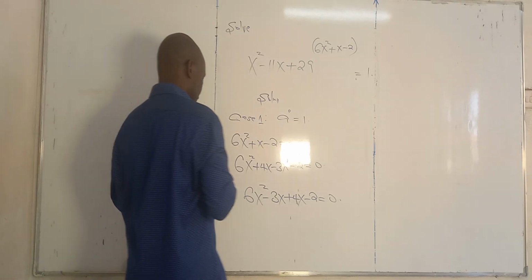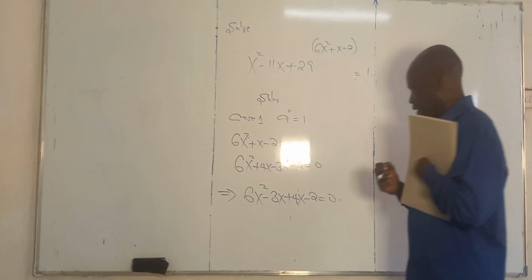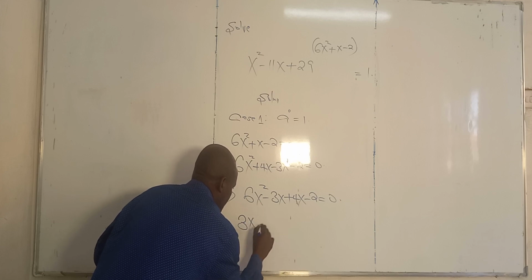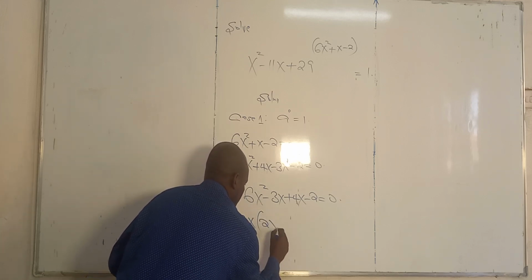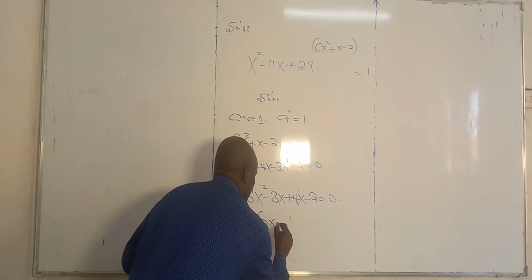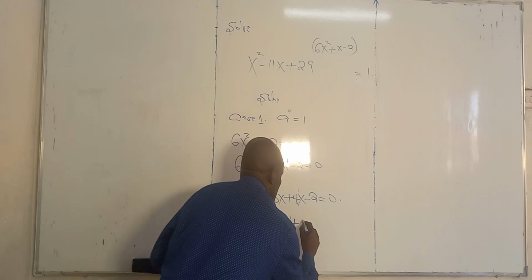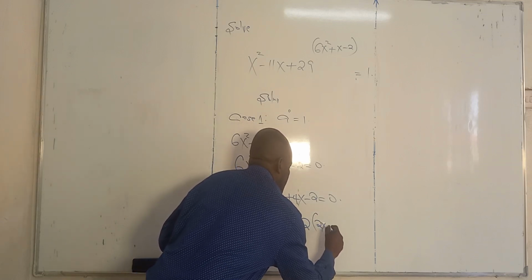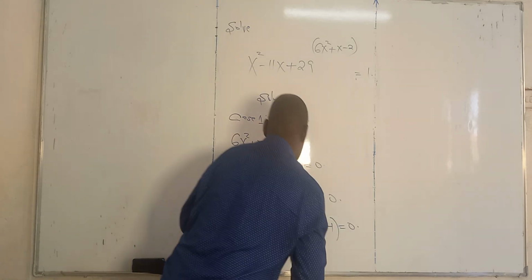So I factorize 3x. If I factorize 3x here, this is 3x, then this is going to give me 2x minus 1, plus 2 into 2x minus 1 is equal to 0.